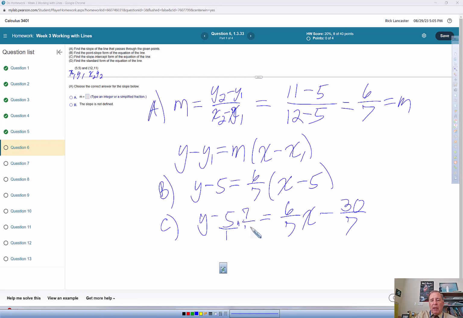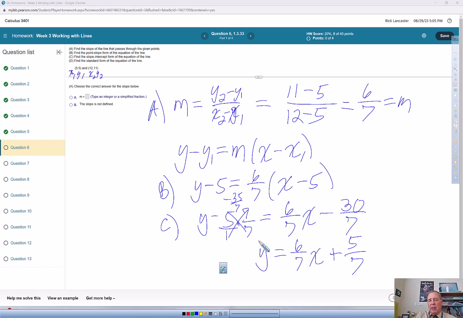So I'm going to multiply by 1 in the form of 7/7. So that's going to be negative 35/7. If I add that to both sides, I'm going to get y equals 6/7 x plus 5/7. And the last thing is find the standard form of the equation of the line.